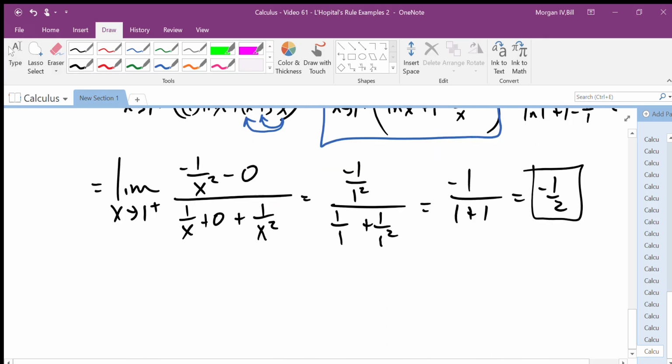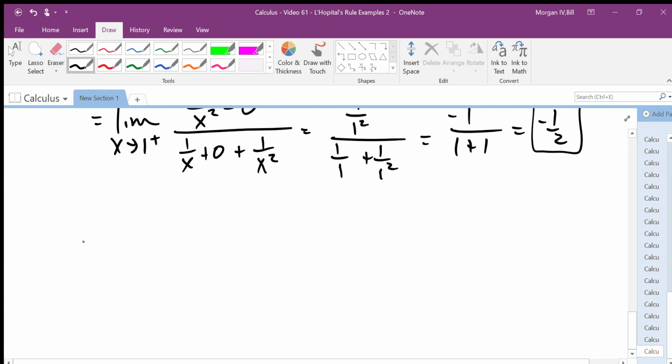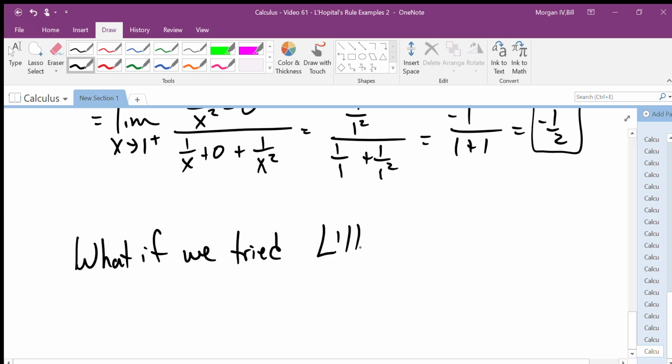All right, let's try one more of those. Actually, I promised you, what if we tried L'Hopital's rule from the beginning?